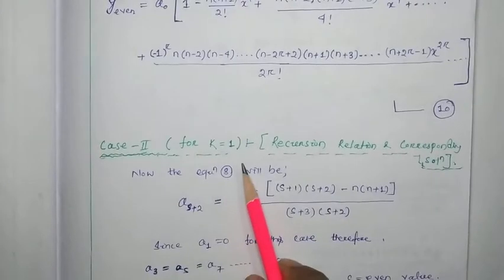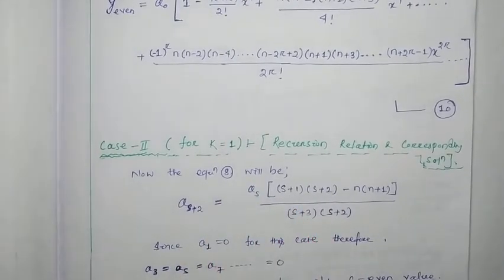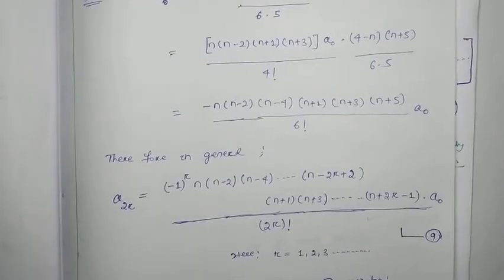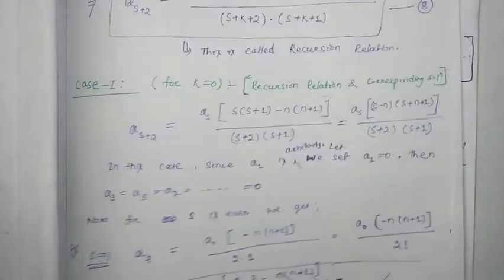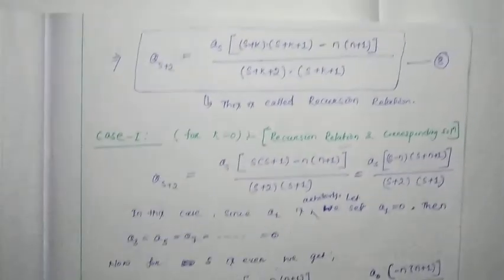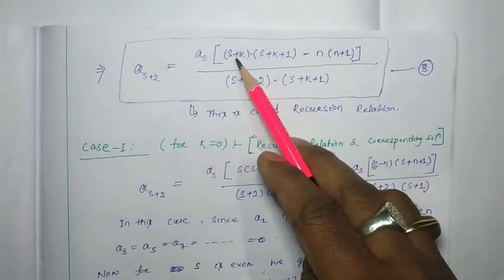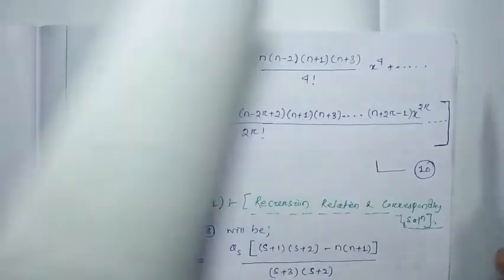Consider equation number 8 and put the value of k equal to 1. Then it will be s into s plus 1 minus n into n plus 1.